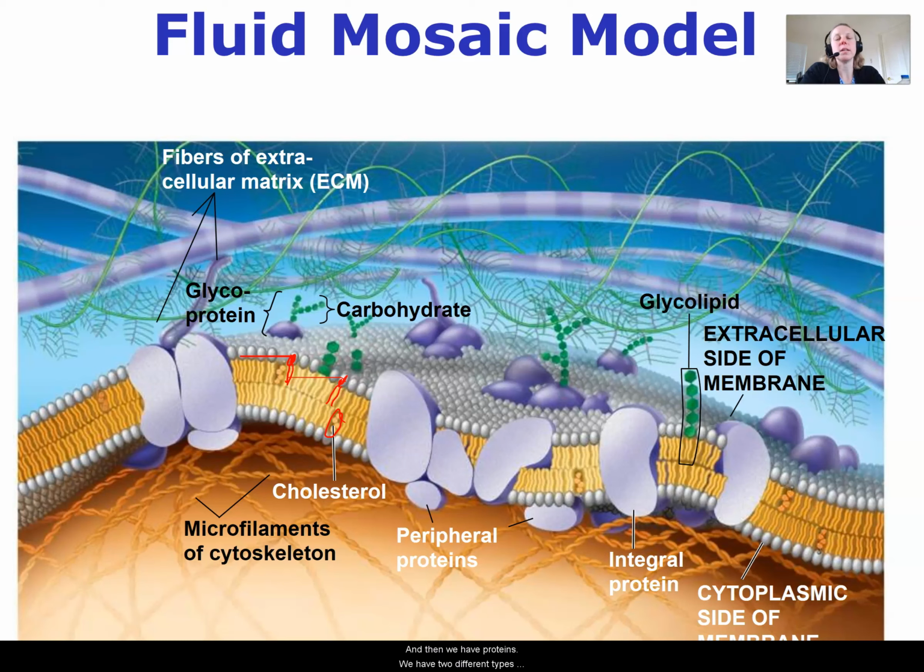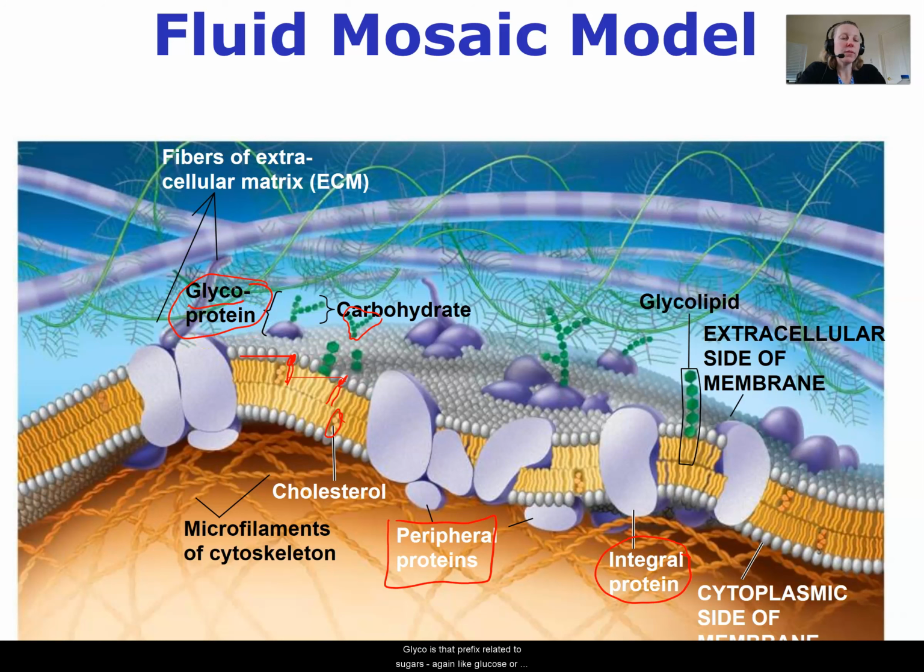And then we have proteins. We have two different types of proteins. We have integral proteins that go all the way through the membrane, and then we have peripheral proteins, which are just around the outside and just around the edges of it. And then finally, we've got carbohydrates involved. The carbohydrates are these green bits up here. And those carbohydrates can either be attached to the protein, in which case we call them a glycoprotein.